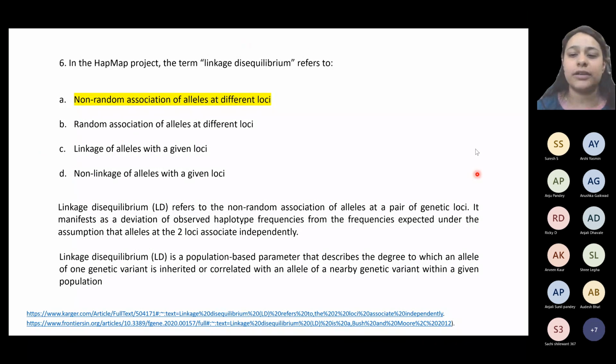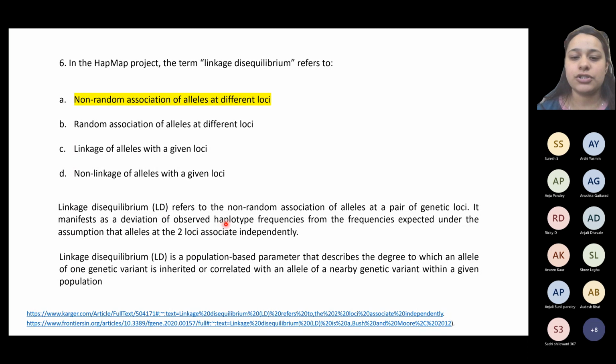A lot of the primitive genetic concepts that we have studied say this, but it is not always true. And when the HapMap project gave its data, this particular term was coined, which means there is non-random association of alleles at different loci.